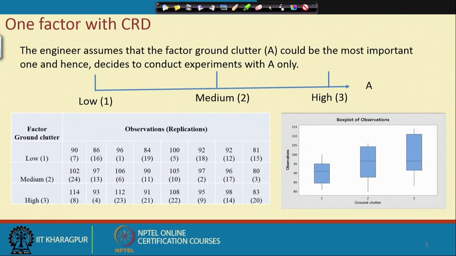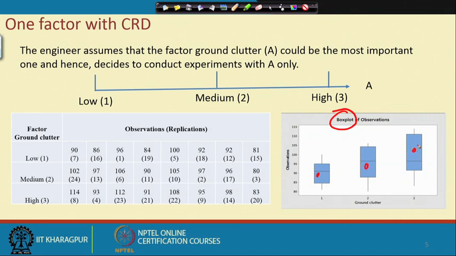A box plot is one of the important plots which gives you some fair idea whether there is difference in mean values of the responses or not. If you see, somewhere mean value will be here, somewhere mean value will be here, somewhere mean value will be here.